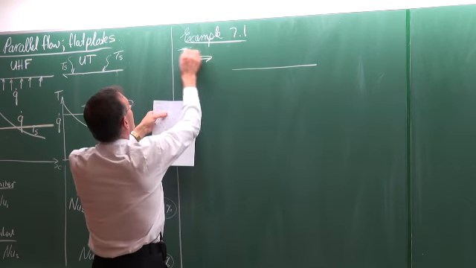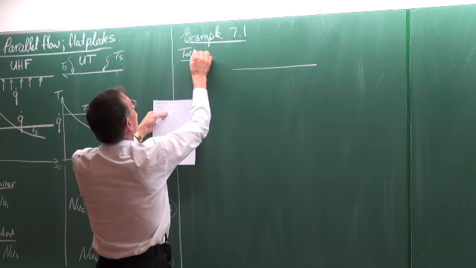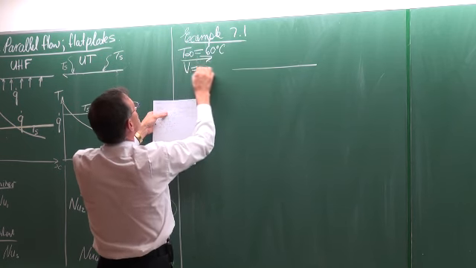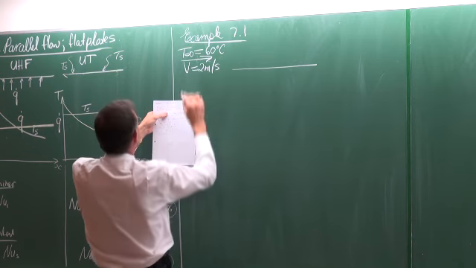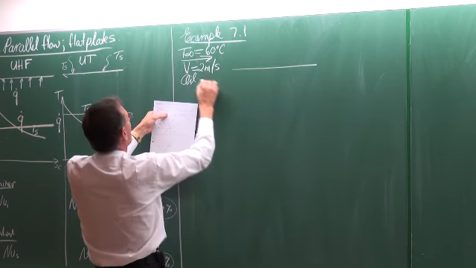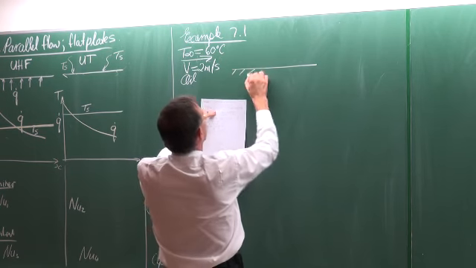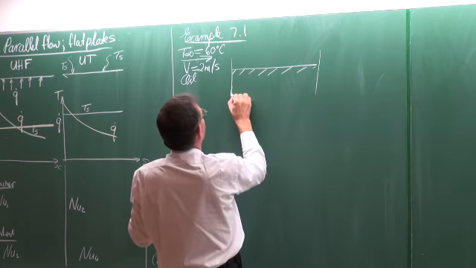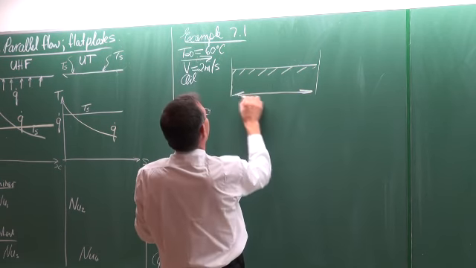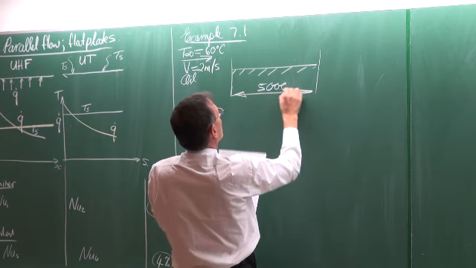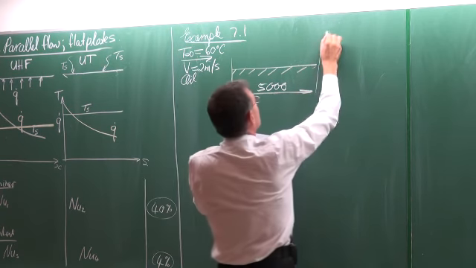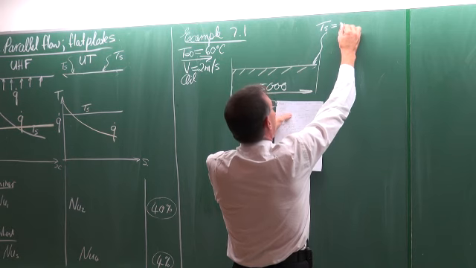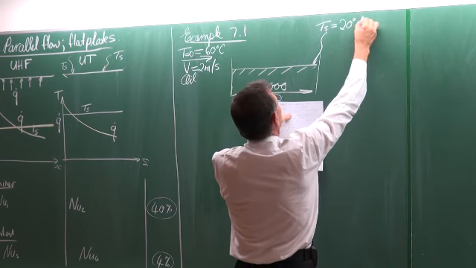We have oil at 60 degrees Celsius and a velocity of 2 meters per second, flowing over a flat plate with length 5 meters, and its surface temperature is 20 degrees Celsius.